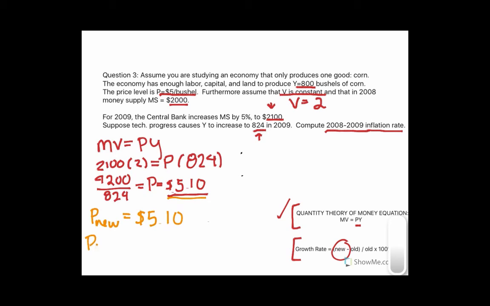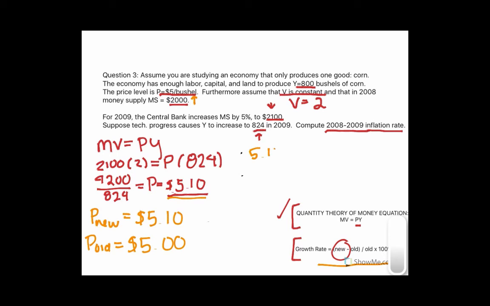What was our P old? We get that from right up here, the beginning of the problem. So both of these are just numbers we're plugging in, $5. And then we need to plug these into the equation, new minus old over old times 100.